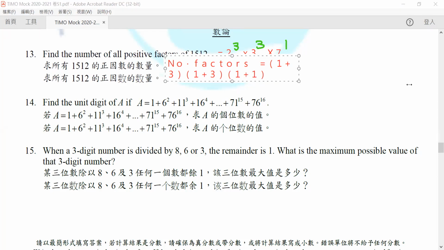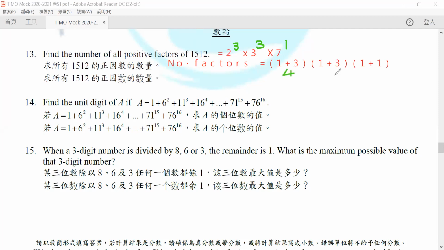So this is exactly the number of factors. In here, this is 4, this is 4, this is 2. So the number of factors is 4 times 4 times 2, which is 32.